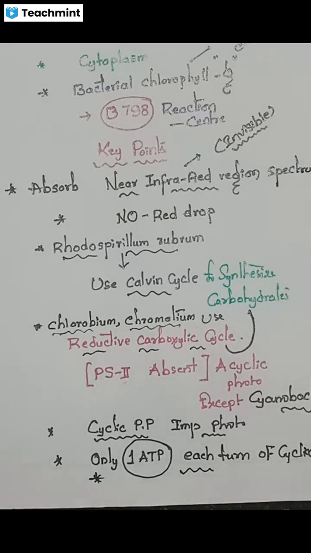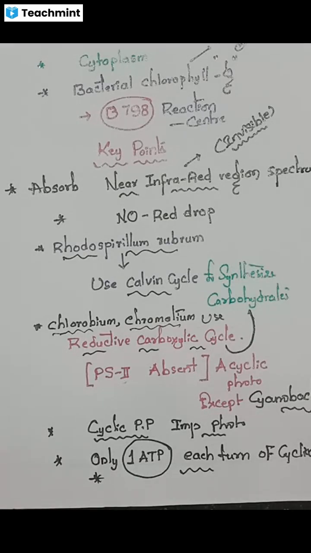So what are the most important key points in bacterial photosynthesis? The bacterial chlorophyll absorbs the near infrared region of the spectrum, so invisible light, so no red drop. Rhodospirillum rubrum uses the Calvin cycle to synthesize carbohydrates. Chlorobium and chromatium use the reductive carboxylic cycle.